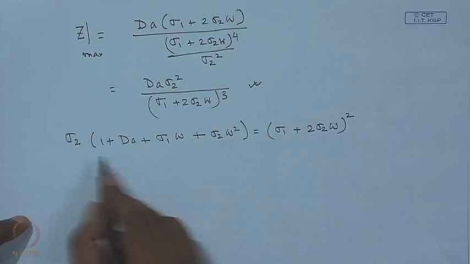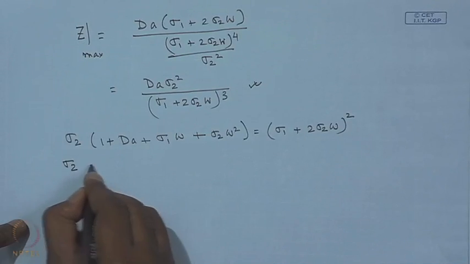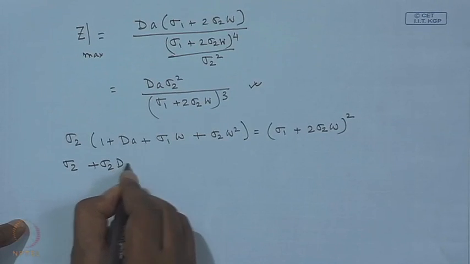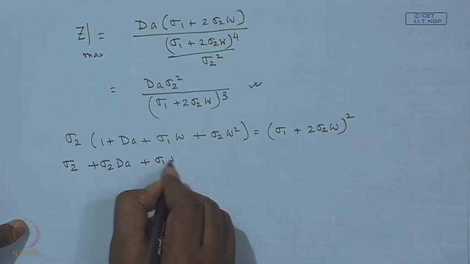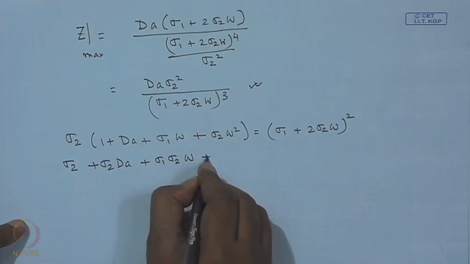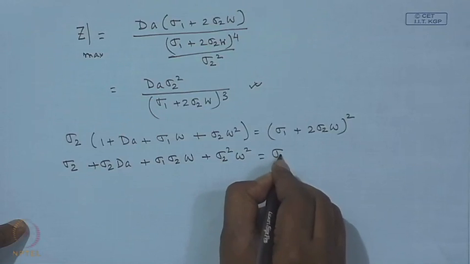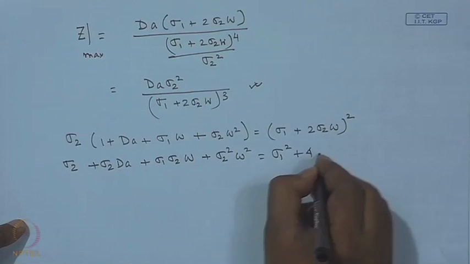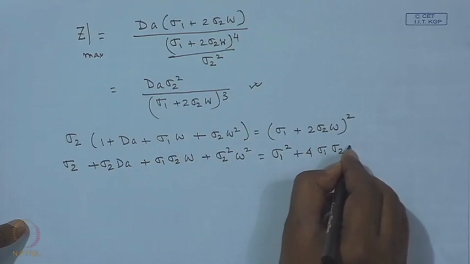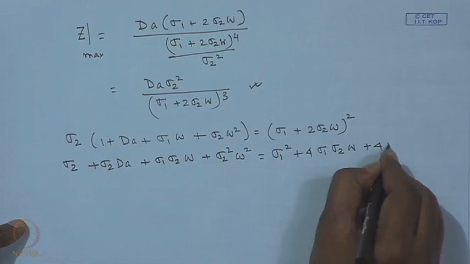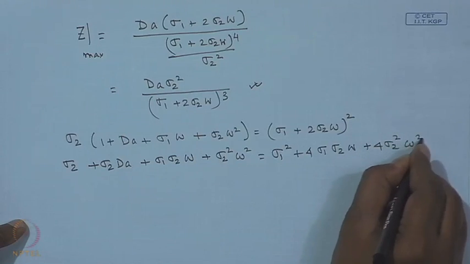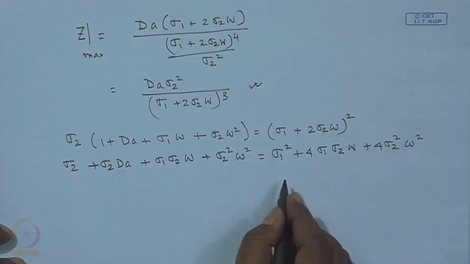Just open up this square and see what you get. Sigma 2 plus sigma 2 dA plus sigma 1 sigma 2 W plus sigma 2 square W square. So, here you will be getting sigma 1 square plus 4 sigma 1 sigma 2 W plus 4 sigma 2 square W square.